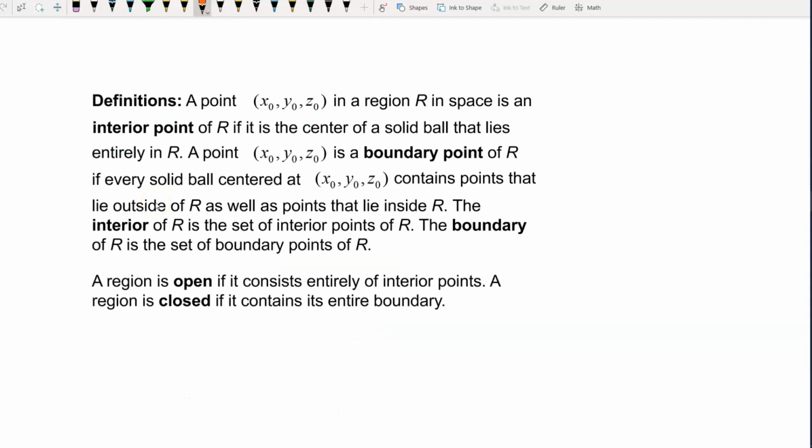Under definitions, here in this part we have a point x naught, y naught, z naught in the region R in space.